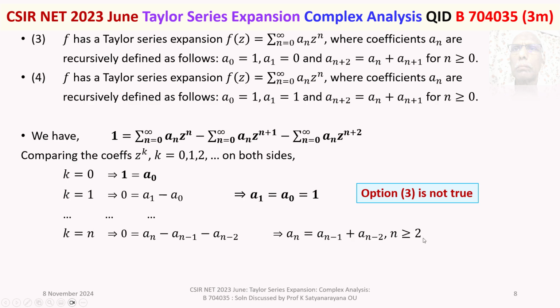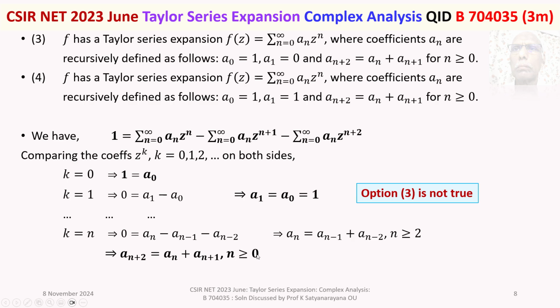for n greater than or equal to 2. Now, for n greater than or equal to 0, this will imply a_(n+2) is equal to a_(n+1) plus a_n for n greater than or equal to 0.